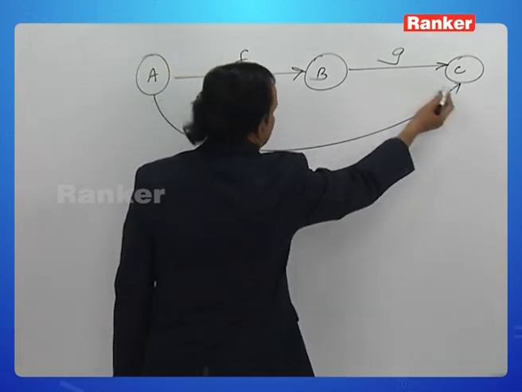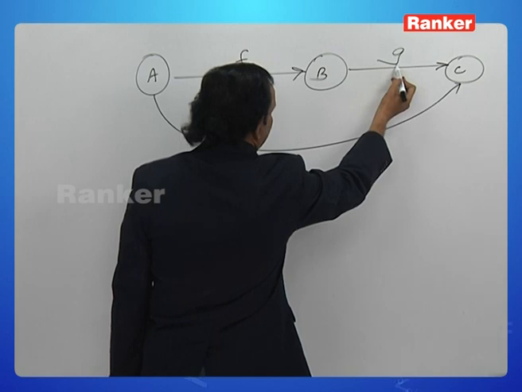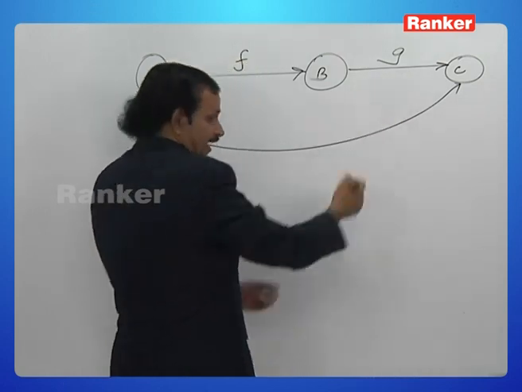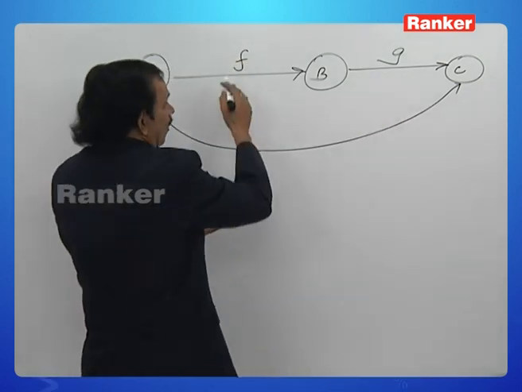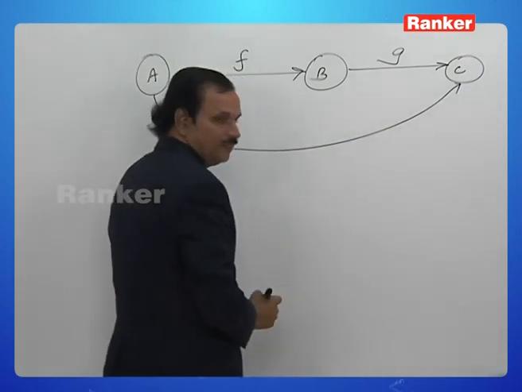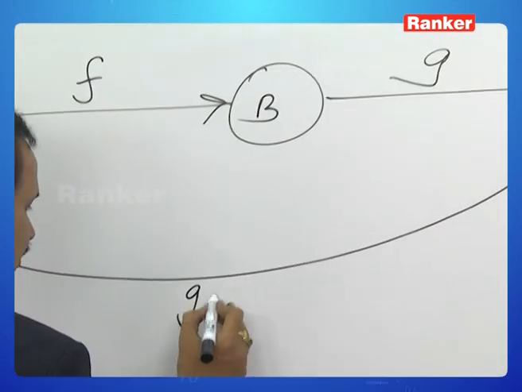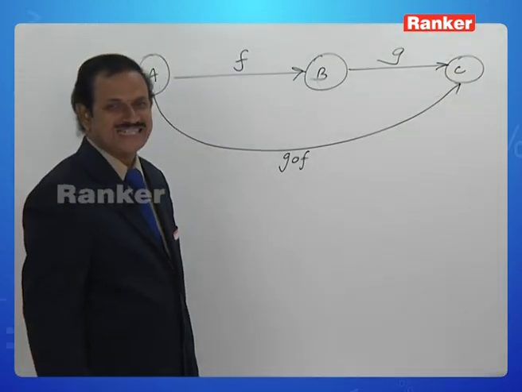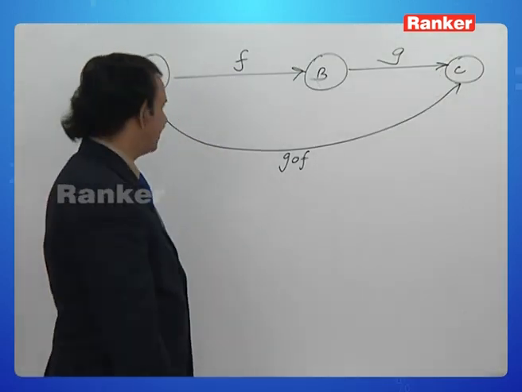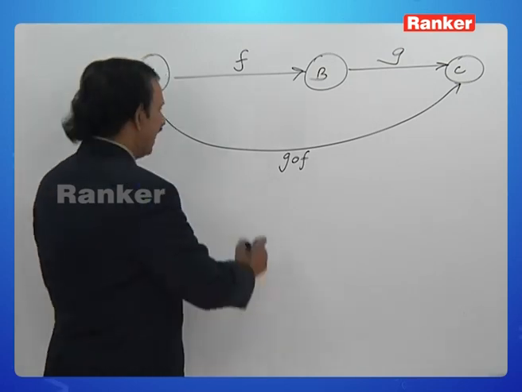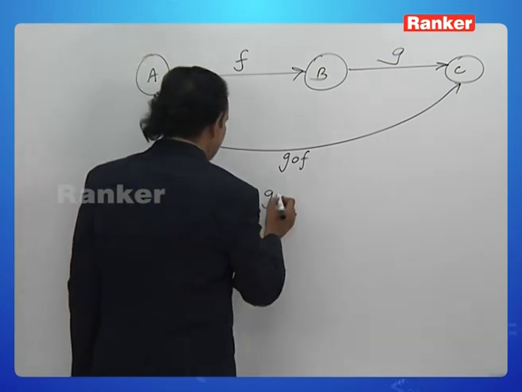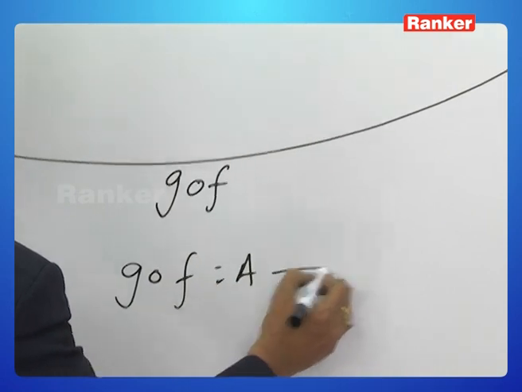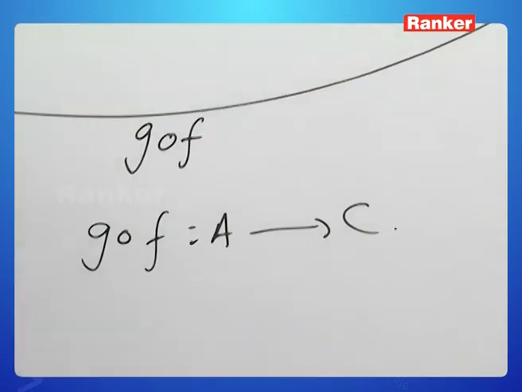Of course, at c, the function available is g. Could you reach g directly? No. Over f you have travelled. That is why this is named as g over f or g circle f, and this is called the composite function of f and g.